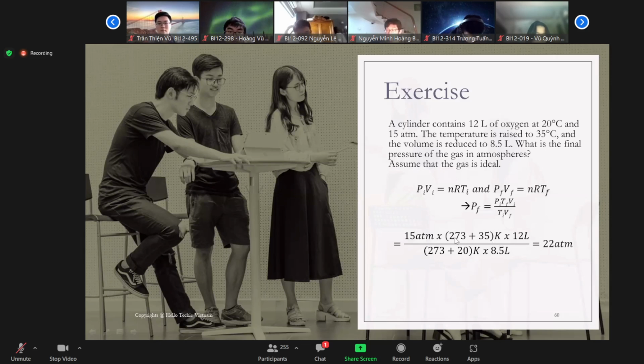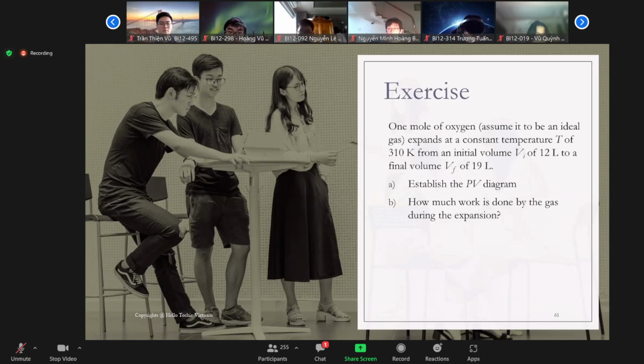Okay. Now I have another exercise. We have 1 mole of oxygen. We assume that our gas is ideal. This 1 mole expands at a constant temperature from an initial volume to a final volume.